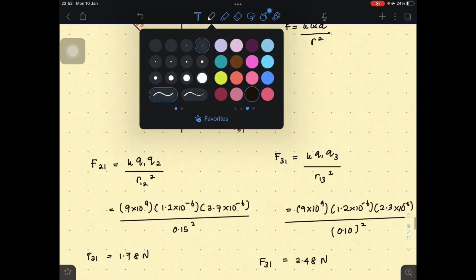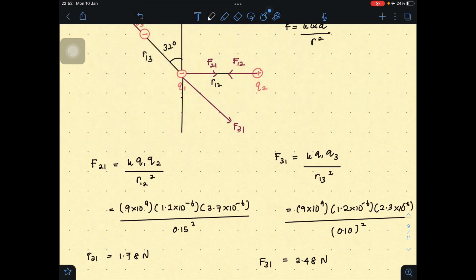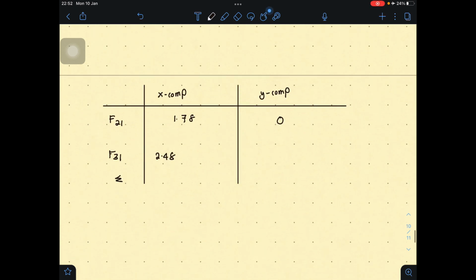Since kita punya angle adalah on Y axis, so this one will be sine 32 degree. And then Y component it's negative 2.48 cos 32 degree. Okay, this one sama macam yang kita belajar dekat semester 1.